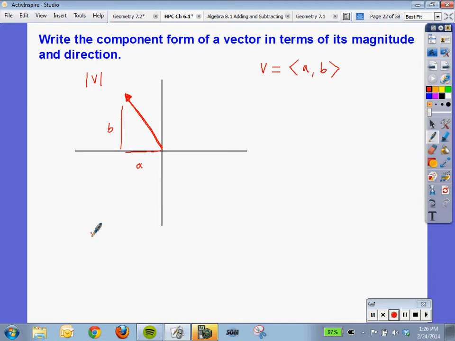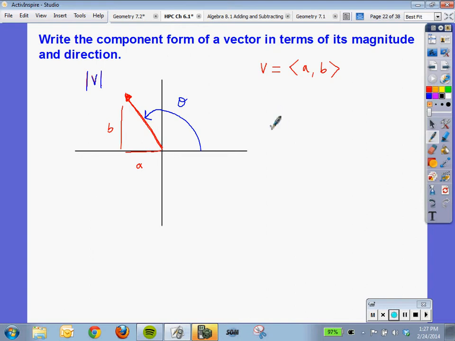So what we're going to do is learn how to identify that vector in terms of a direction, which means the angle that is made with the positive x-axis, and the magnitude of the vector, which is the length of the vector. So we're going to start off with some good old definitions that we know.